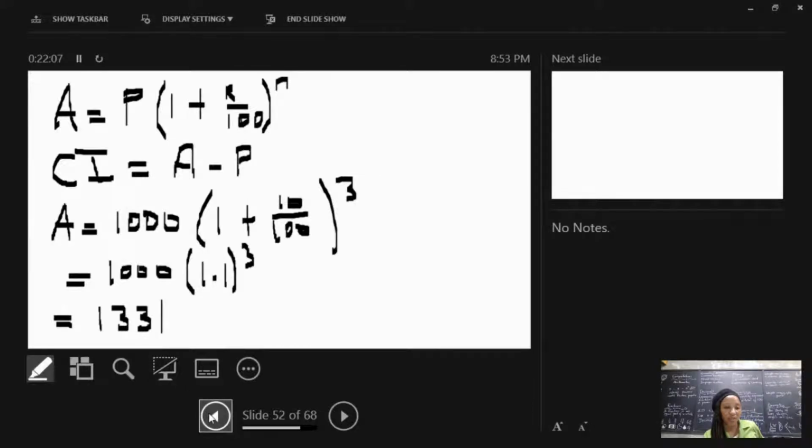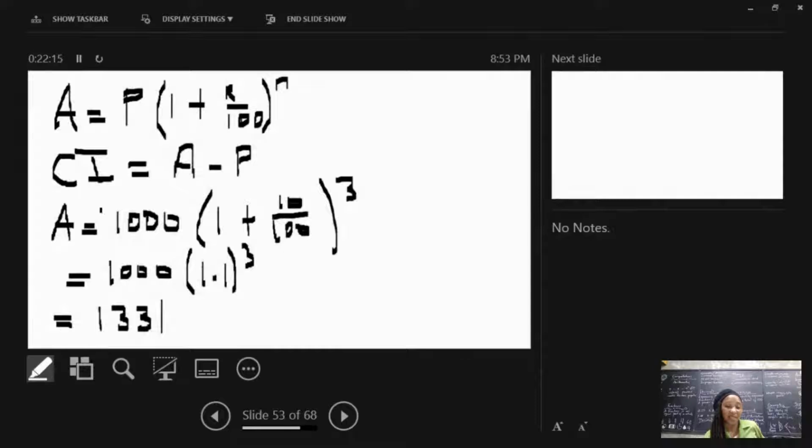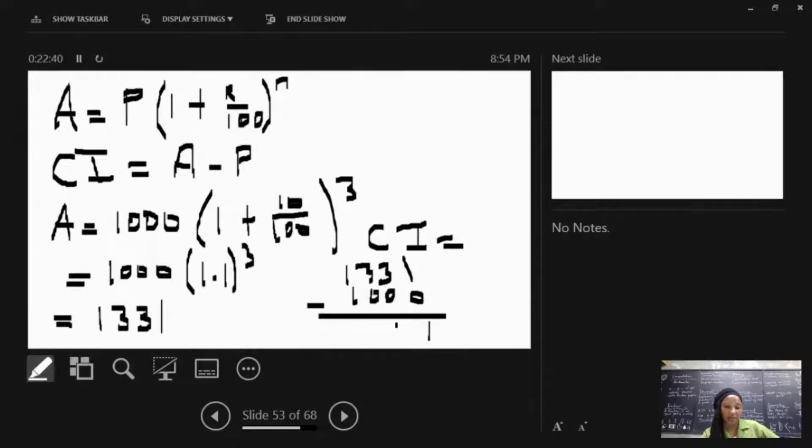So remember, that's what we got when we worked it out step by step. 1,331. So you can just plug them into your compound interest formula to get the amount, and then the actual compound interest would be the amount accruing minus the principal. So that's the actual compound interest that was earned.